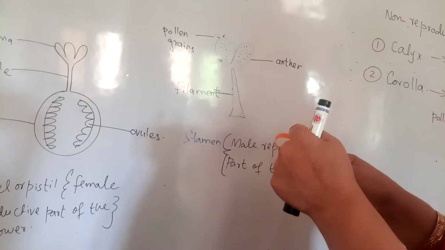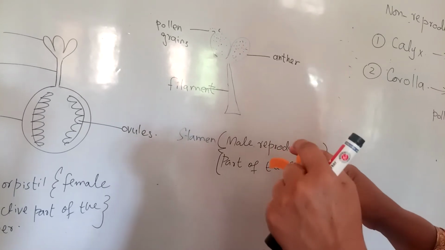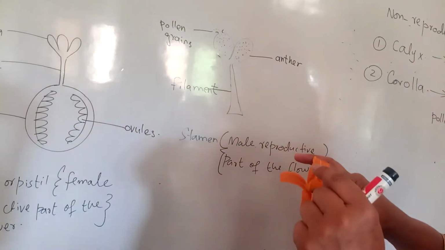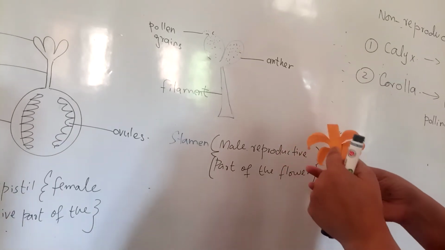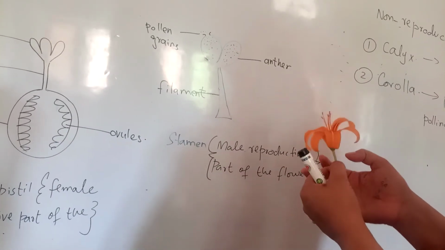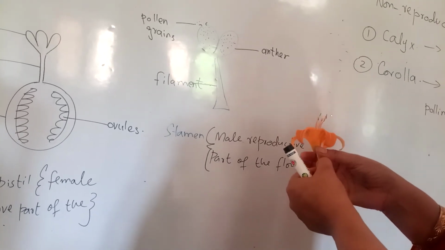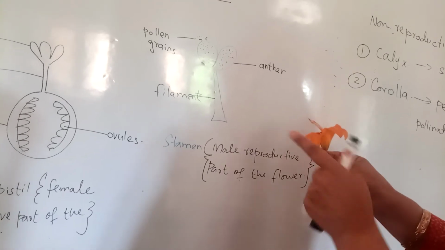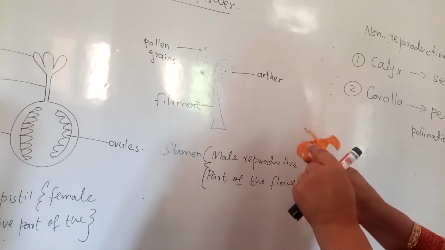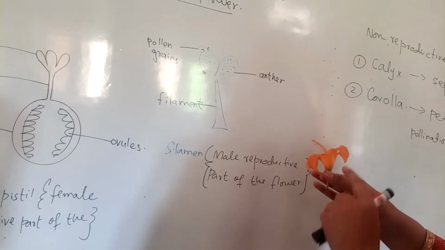This is the female reproductive part of the flower containing stigma, the upper somewhat flat structure, style, and inside is ovary. And the sepals are always present outside and they are mostly green in color. Then the petals which make the corolla; keep it in mind, sepals and petals both are non-reproductive parts.